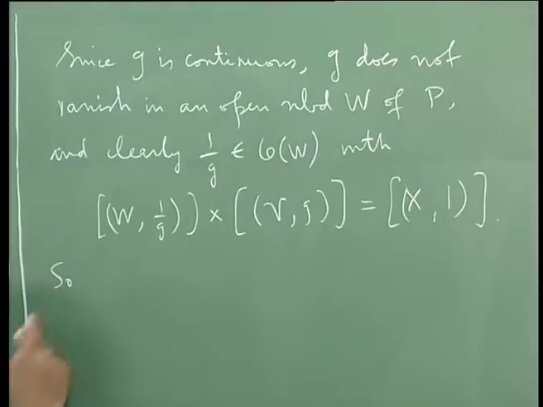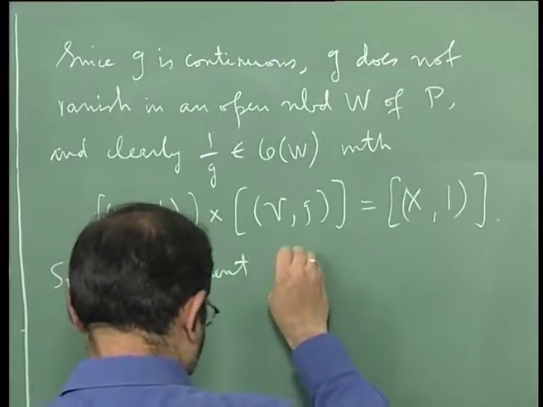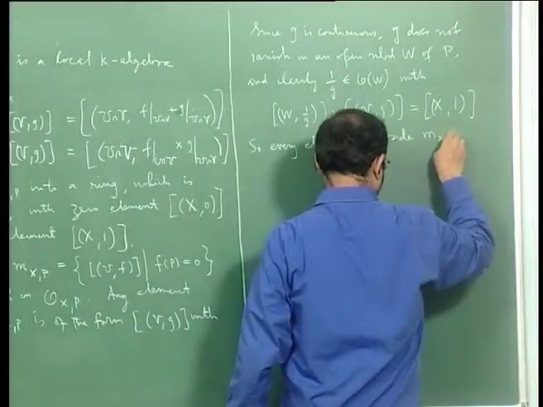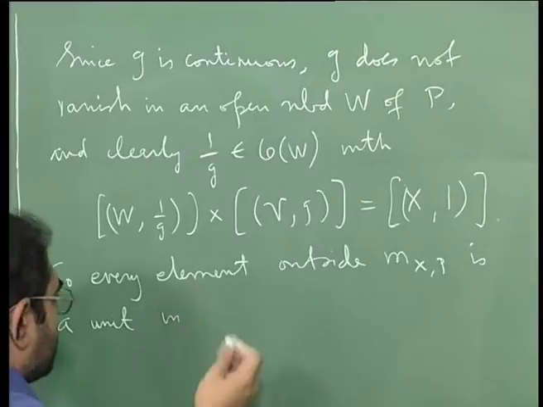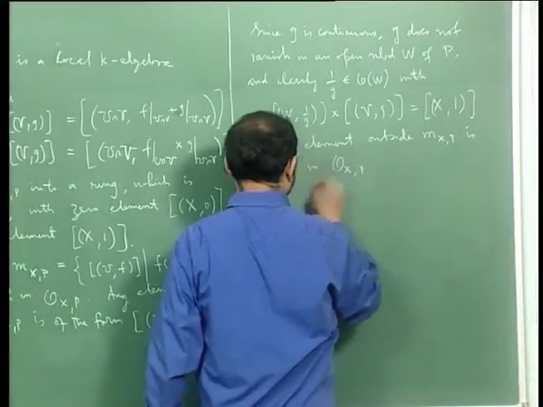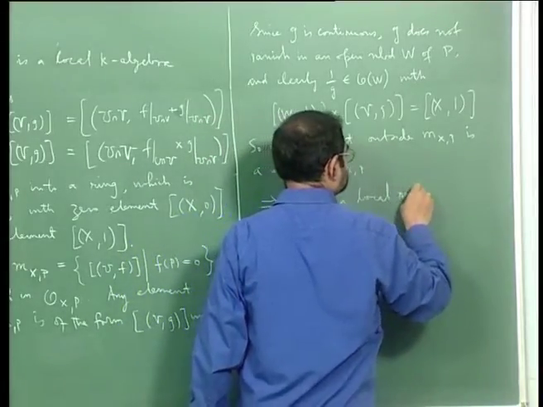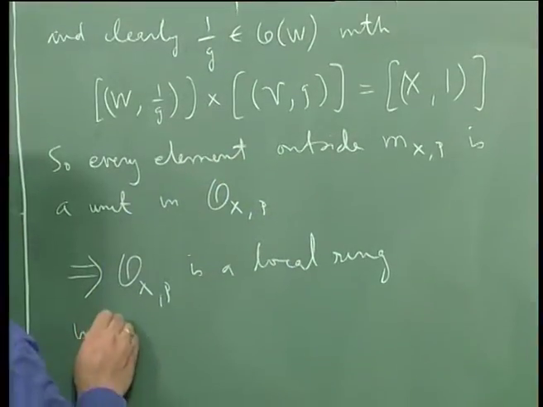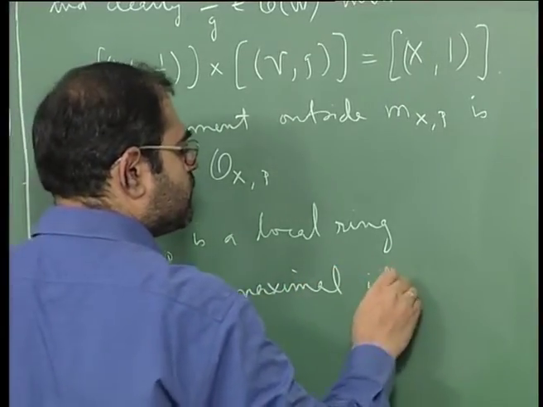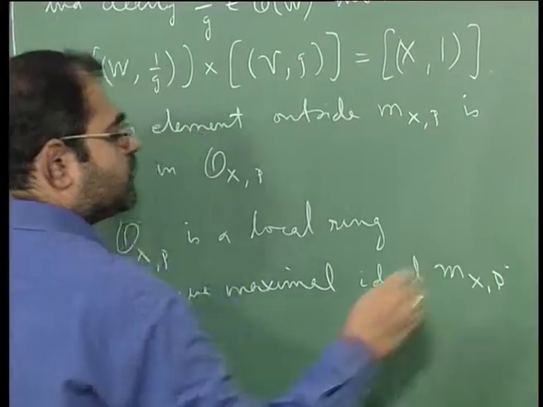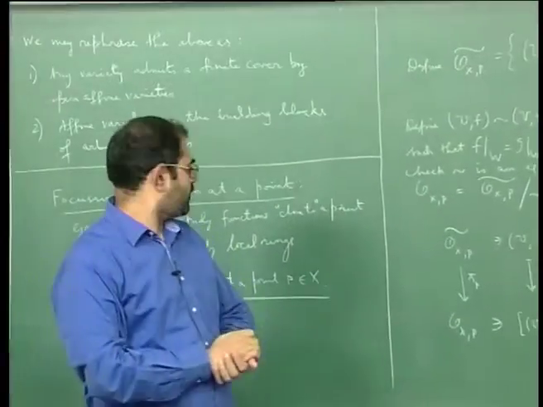So every element outside M_{X,P} is a unit, that is an invertible element in this ring, which implies that O_{X,P} is a local ring with unique maximal ideal M_{X,P}. Okay, so this is a local ring at a point of a variety.